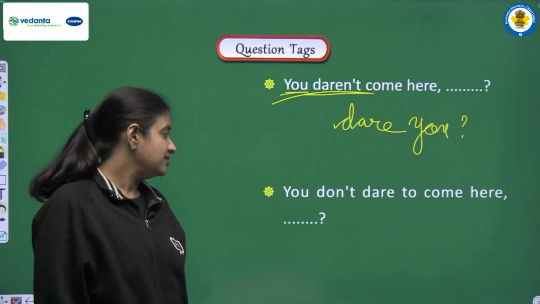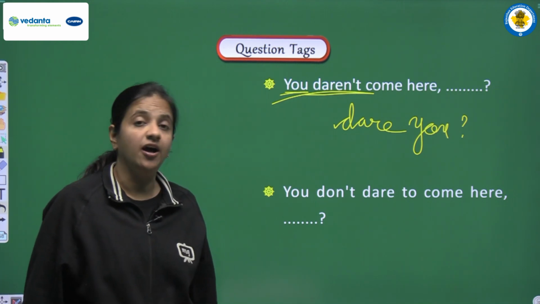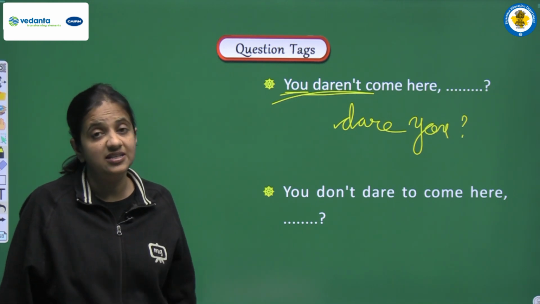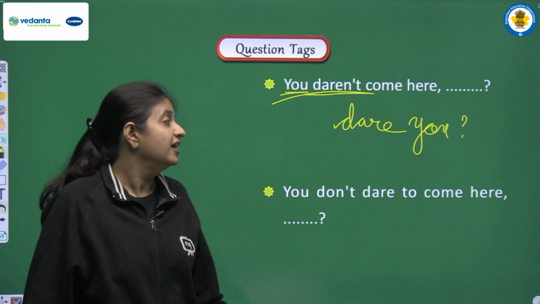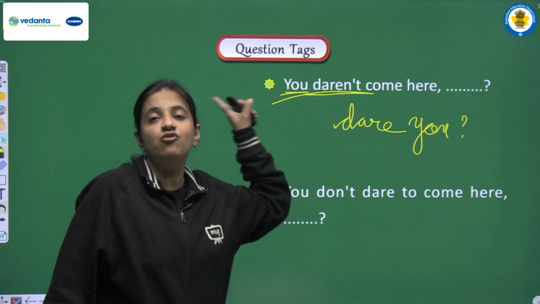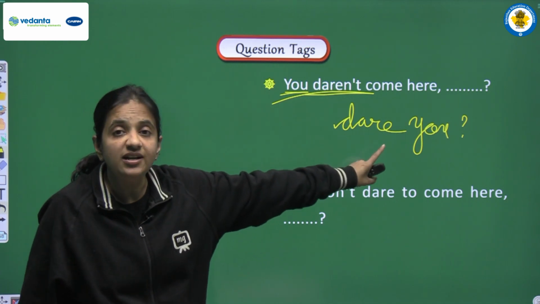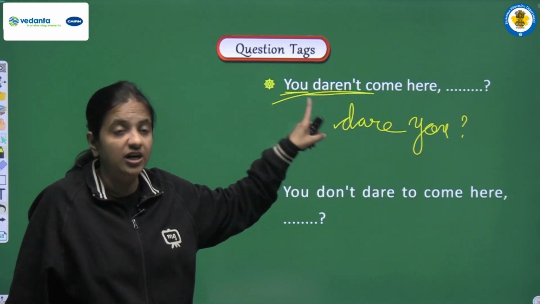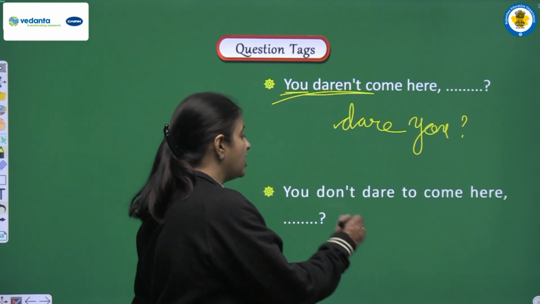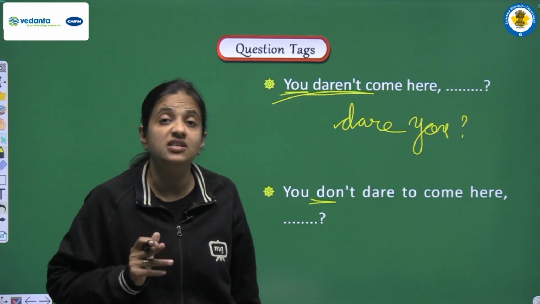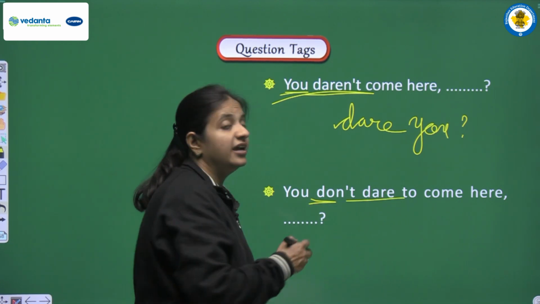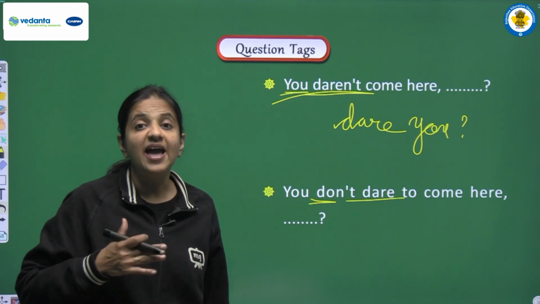Okay. Next is: you don't dare to come here. Again we have this example to make this clear: in the previous sentence dare was used as the modal auxiliary. This was the reason we used this word in the question tag. But now in this example we have do as the auxiliary word, and dare is used in this sentence as the action word.